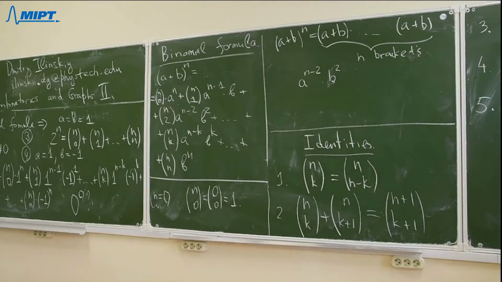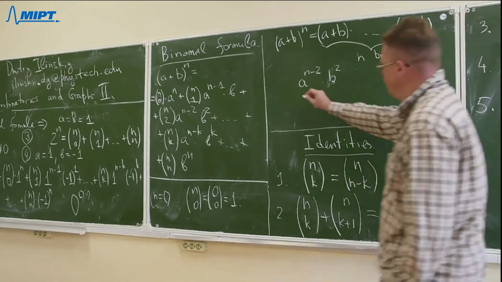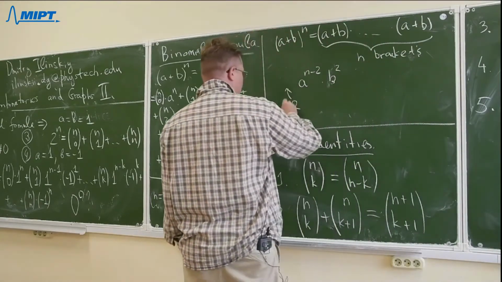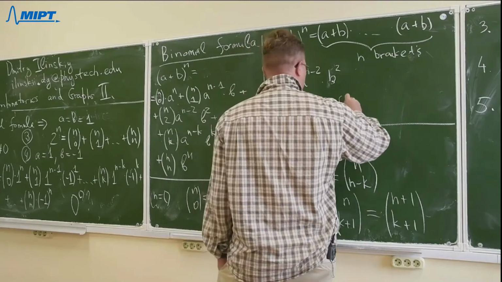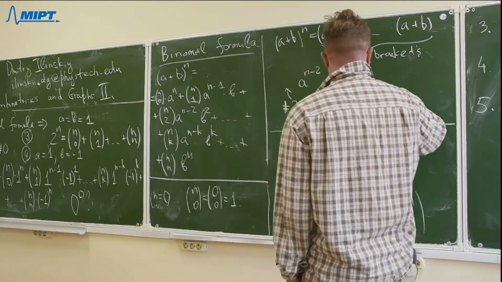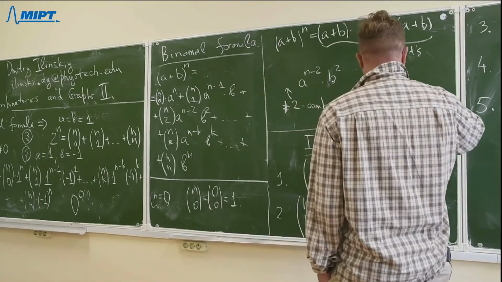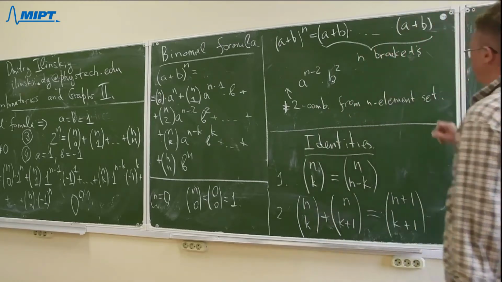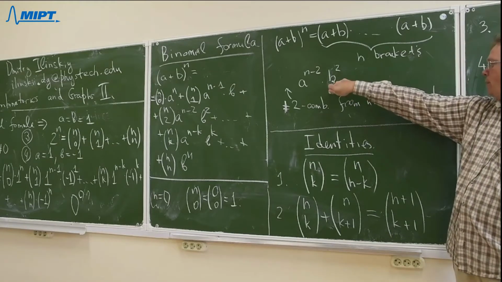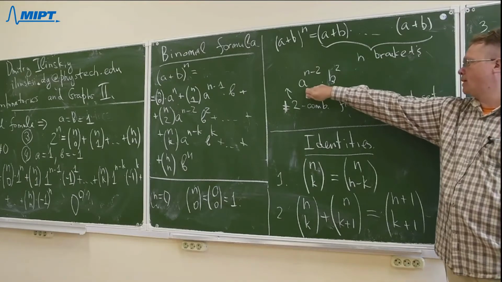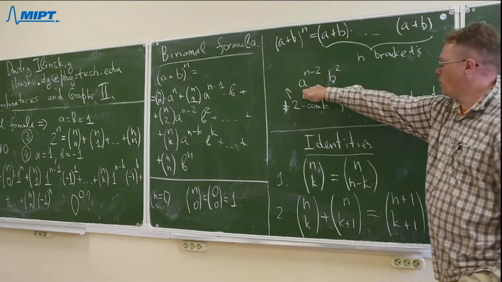So here we can see the two-combinations of an n-element set. Here is the number of two-combinations from an n-element set. We have n brackets, and we need to choose exactly two brackets from which we take b, and n minus 2 brackets from which we take a.